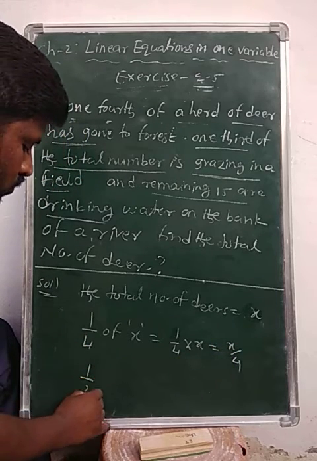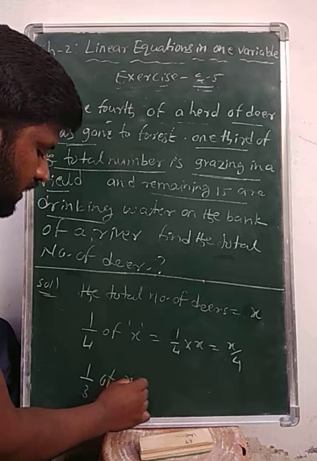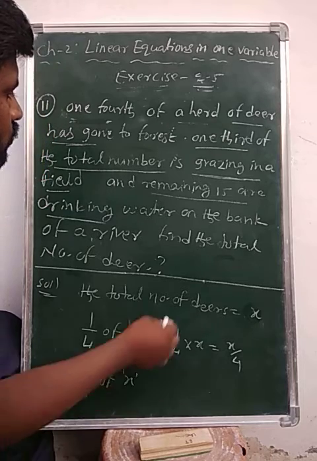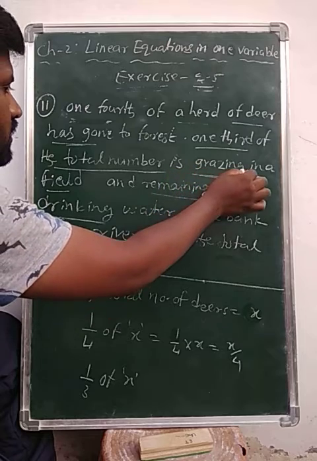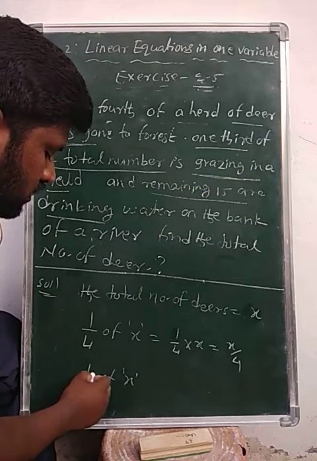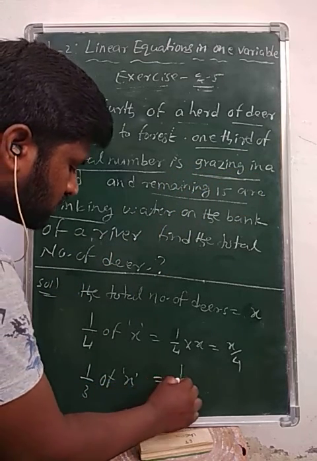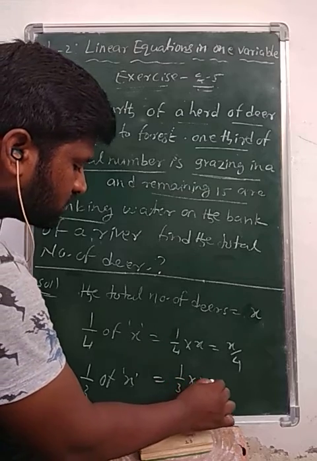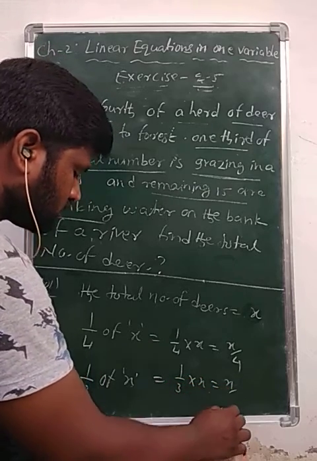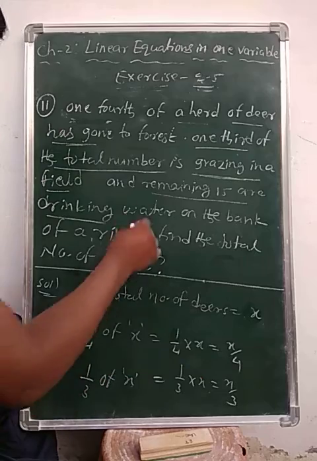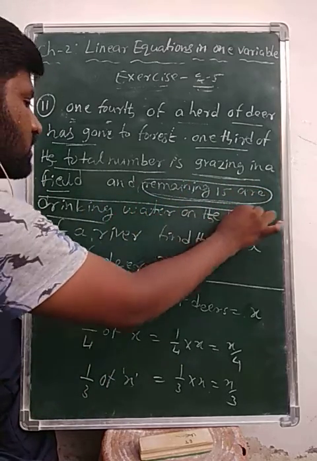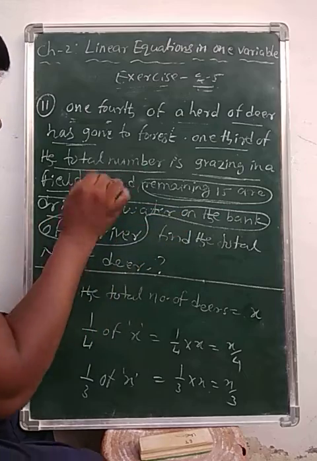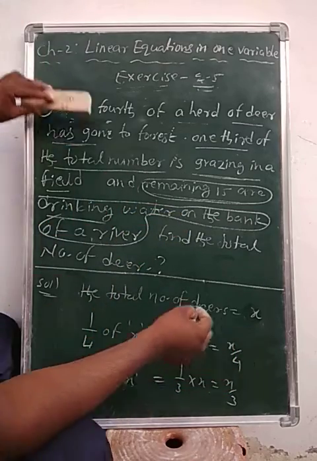And 1/3 of the total number of deers grazing in a field, that is 1/3 of x means 1/3 into x, that is equals to x by 3. And the remaining 15 are drinking water on the bank of a river.